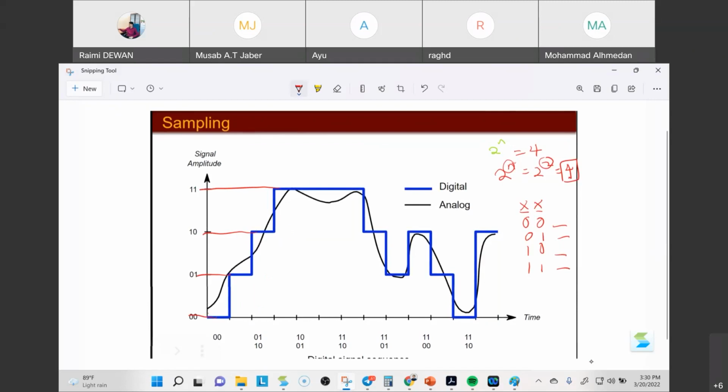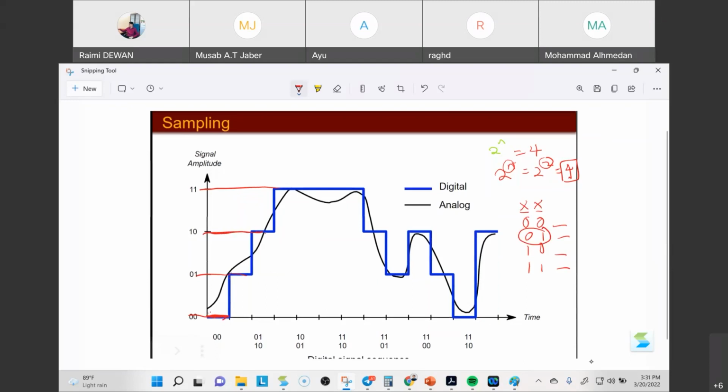Any value that is this one or less, we will consider as 0 0. Any value between this to this will be considered as digit 0 1. And then any value from here to here will be considered as 1 0, and so on. So you have 4 levels, we call it level.